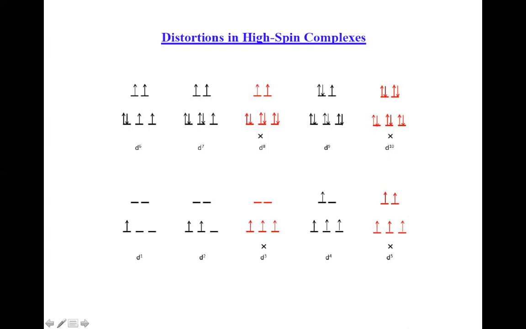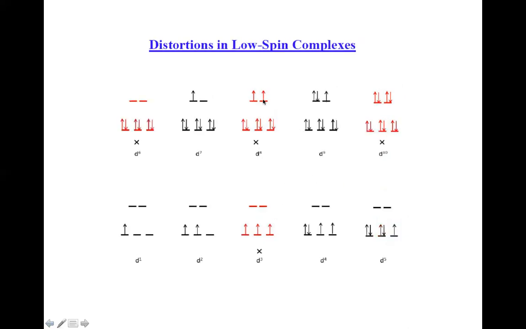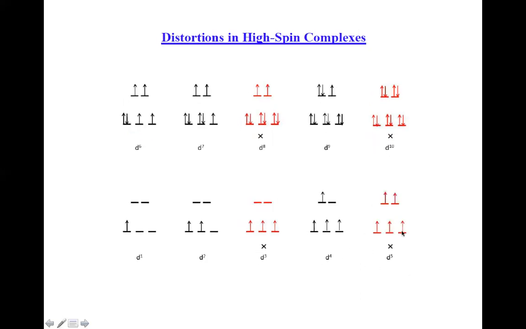But if you look at the low spin complex of d5 configuration, then you can see that the t2g level is unsymmetric, so distortion should be there. In the high spin case, all five d orbitals are half filled, meaning they are symmetric, so no distortion.